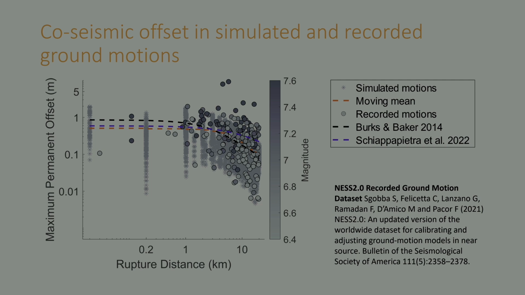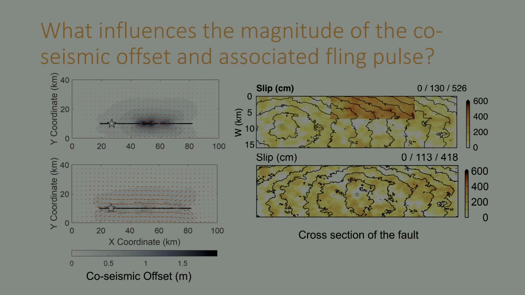There are a lot of differences that we tend to see depending on the shallow rupture characteristics. And so it's difficult to do this without comparing rupture event by rupture event. For example, we know that having these slip patches, especially when they're positioned very shallow, influences the magnitude of this permanent displacement a lot.